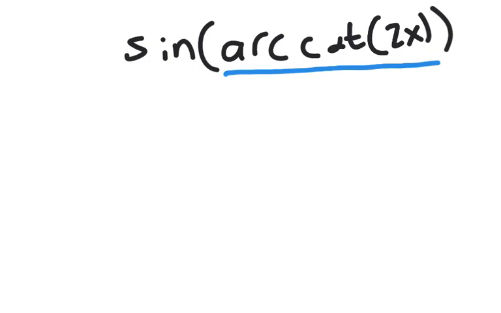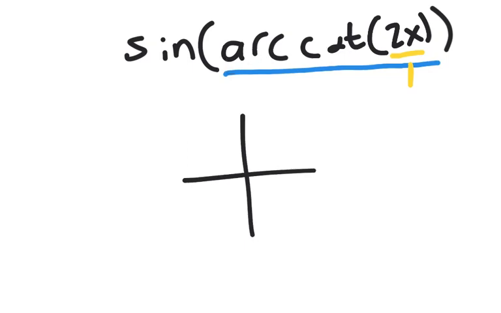Well, they don't give me the opposite side, but I can always put any number over 1. That way I now have an adjacent and an opposite because it's cotangent.